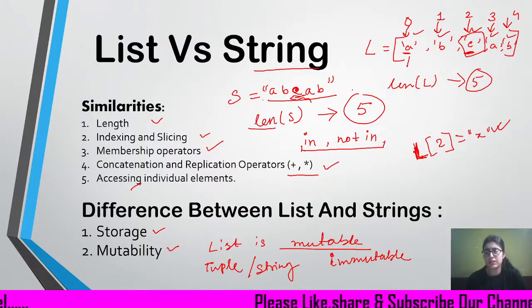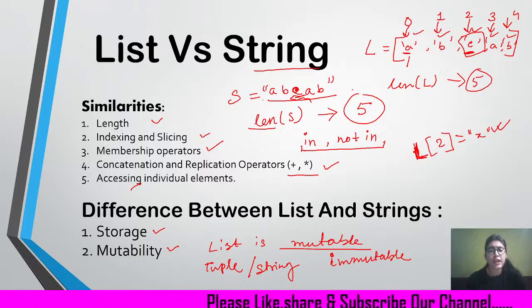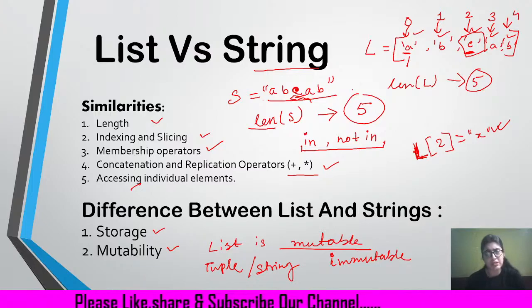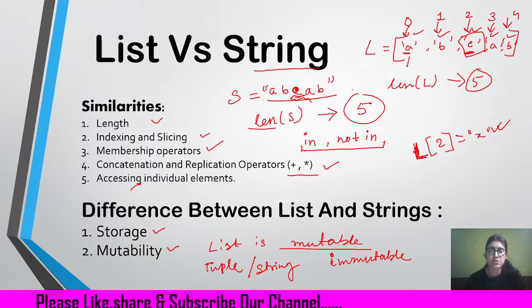Okay. And that property is maintained by mutability and immutability. It is called mutable and immutable. Mutable means we can change a particular element within the same memory location. We can update the same structure of the list. But in case of string and tuple, we cannot update the same structure.